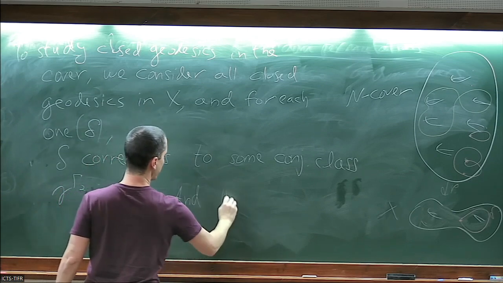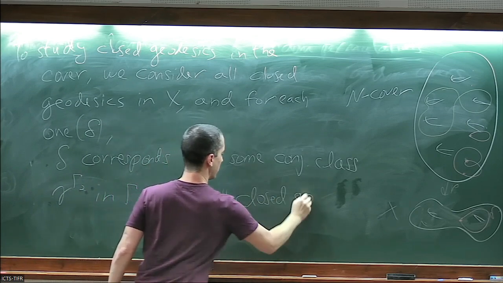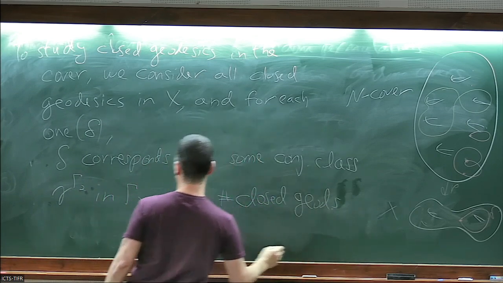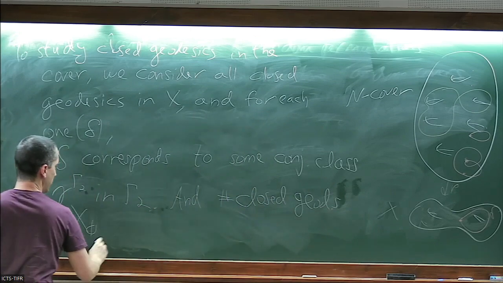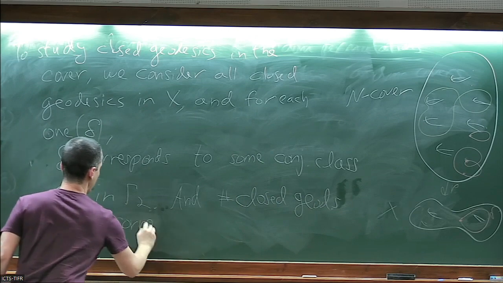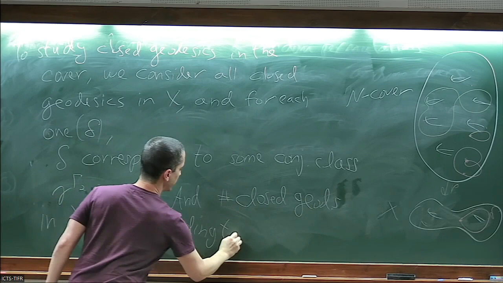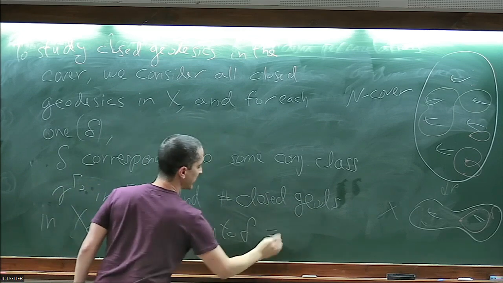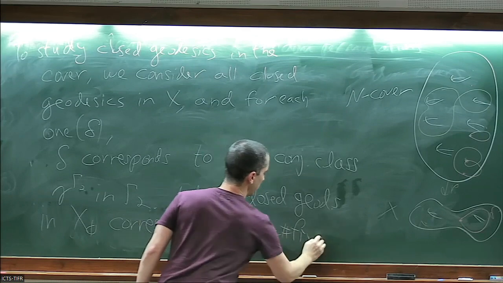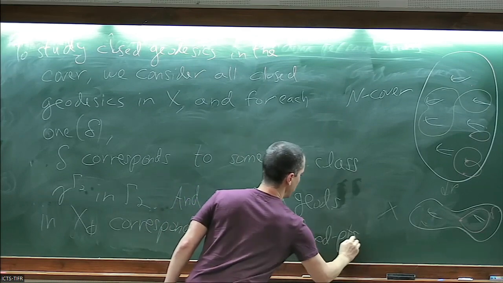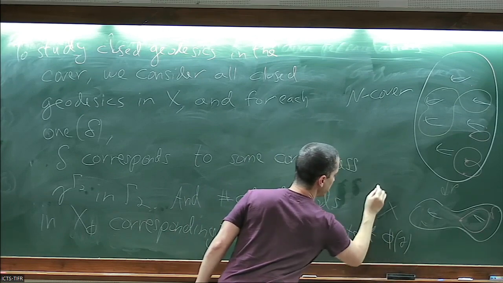And the number of closed geodesics in the cover X phi which corresponds to delta is the same as the number of fixed points of the image of the permutation corresponding to gamma.